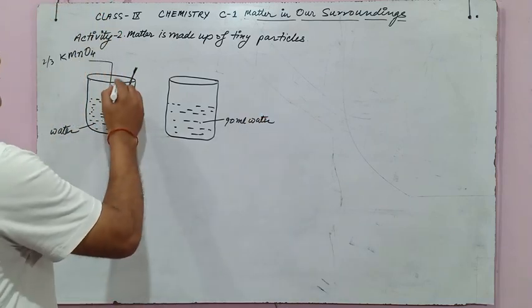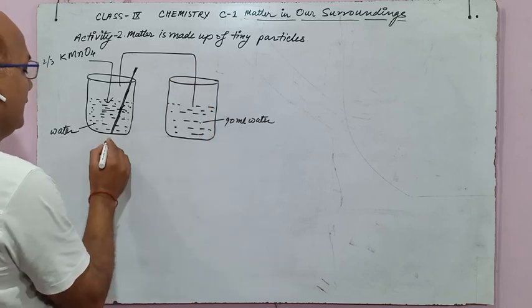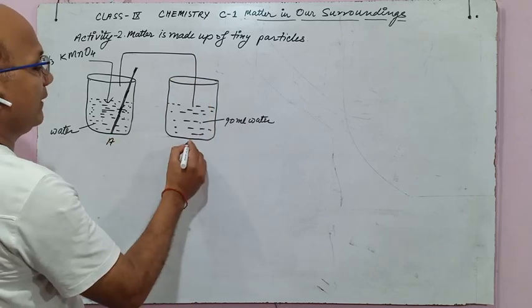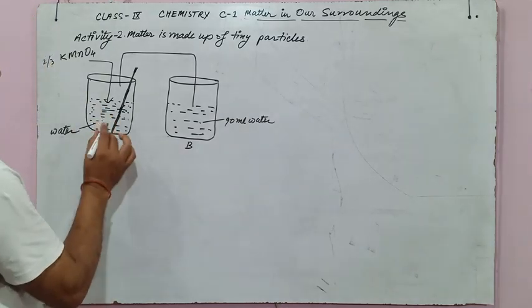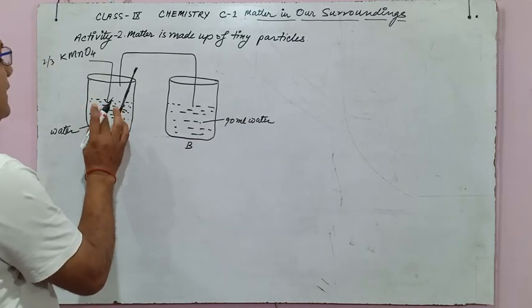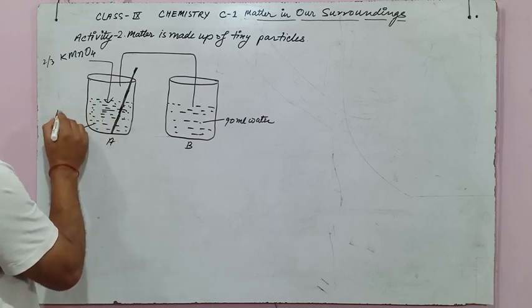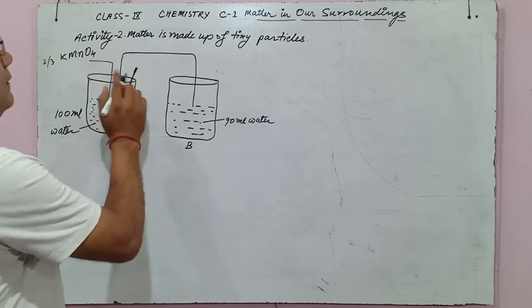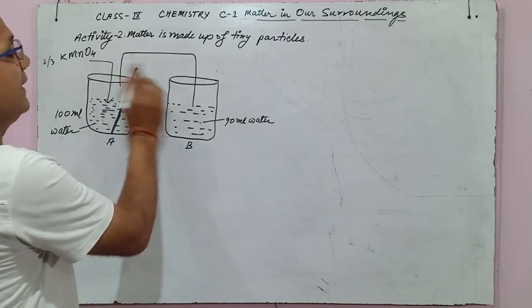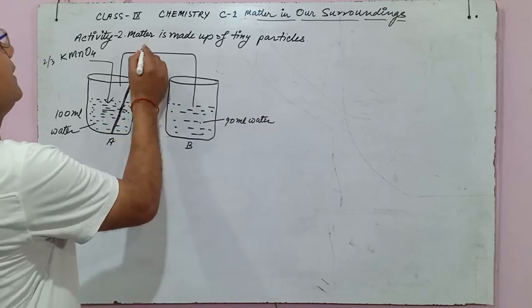Let this be beaker A and that be beaker B. In beaker A, the solution is 100 ml.